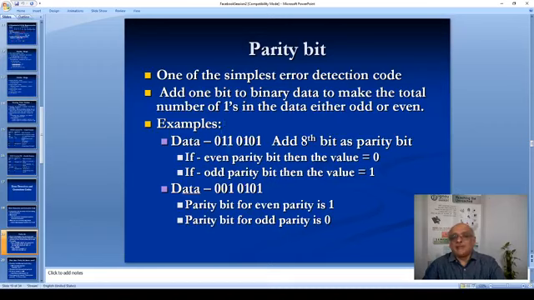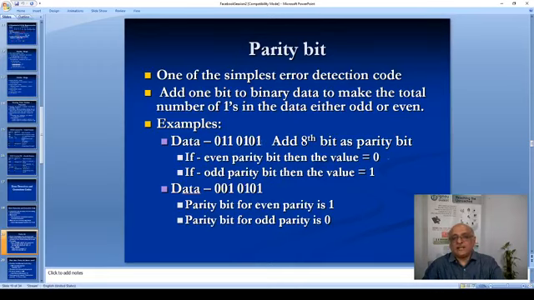For example, if the data happens to be 0, 1, 1, 0, 1, 1, let's count the number of ones: 1, 2, 3 and 4. So we will add another bit as the parity bit. If we want to add an even parity bit, how many ones are already there? 4 ones. So they are already even, so we just add 0.